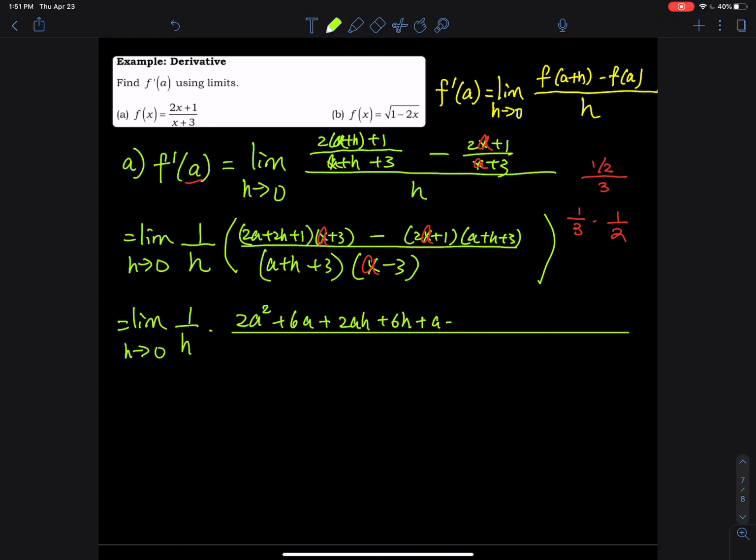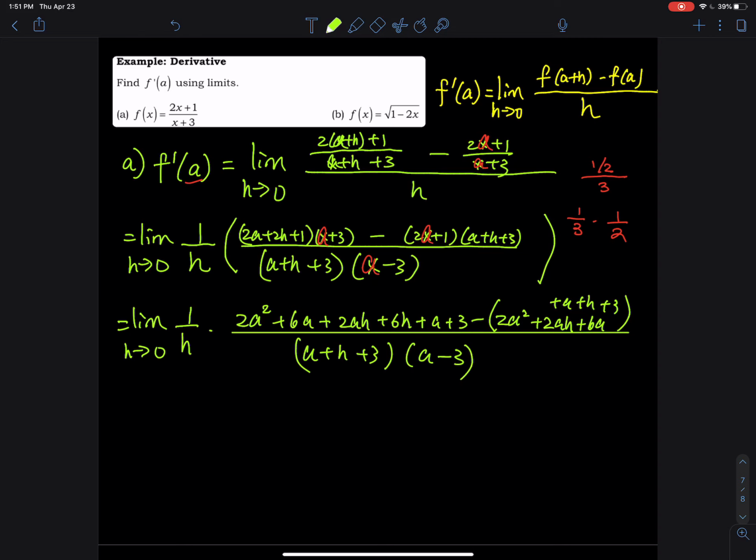Plus a plus 3. And then this, if you don't want to take care of the minus, just use parentheses: 2a squared plus 2ah plus 6a, and then plus a plus h plus 3. All right, and then the denominator, don't touch it, just copy it.